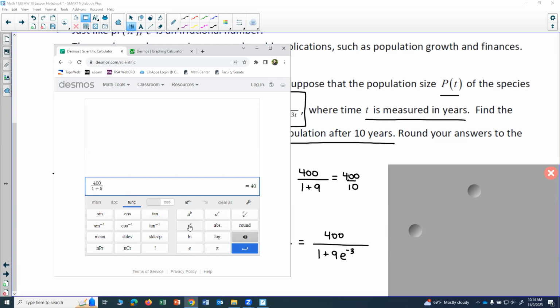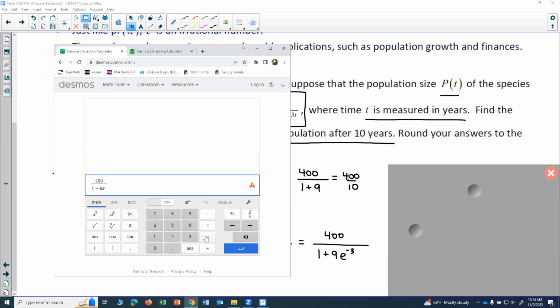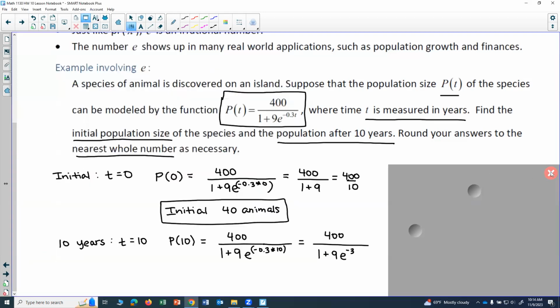Here's e to the x, so I'm going to hit e to the x, and then for the exponent, I'll go back to my main calculator and put in -3. So we have our 400 over 1 plus 9e to the -3, and the population rounded to the nearest whole number would be 276, so 276 animals.